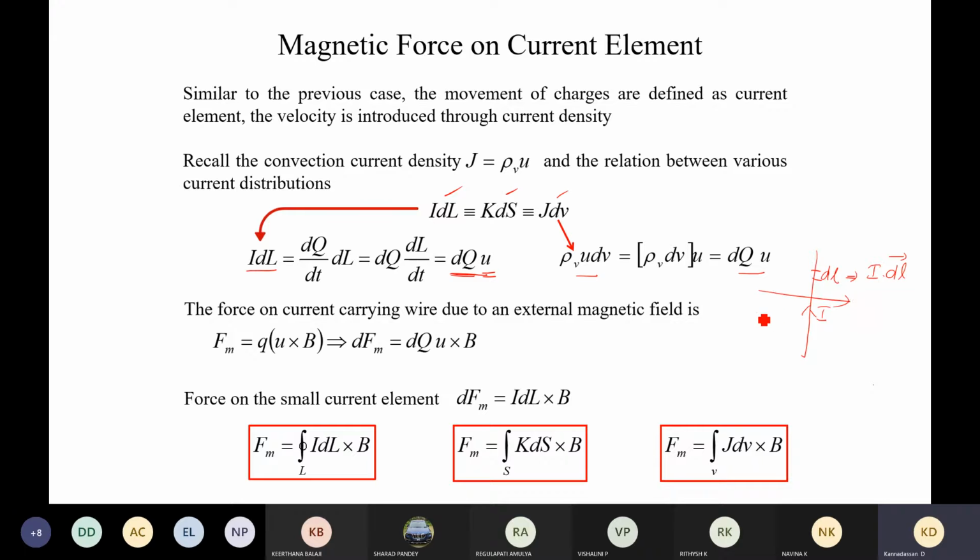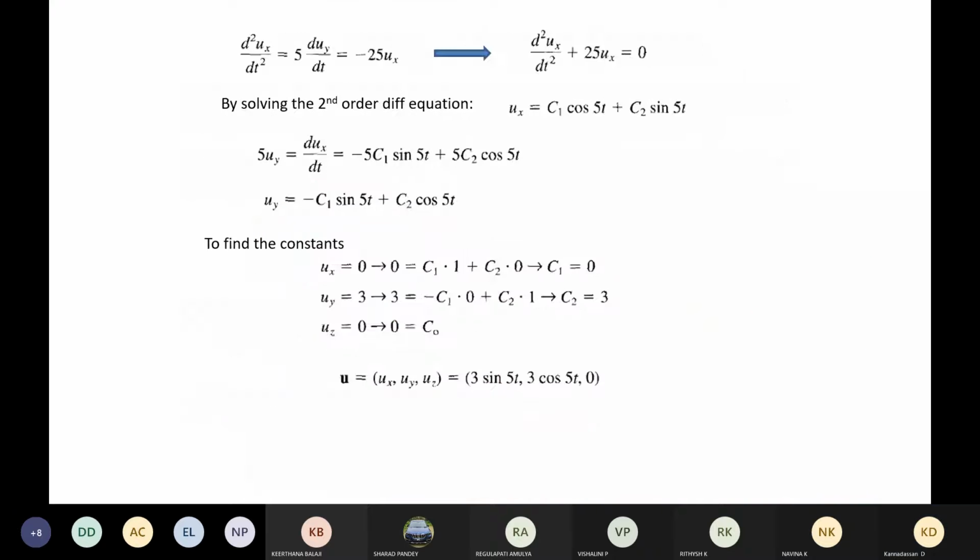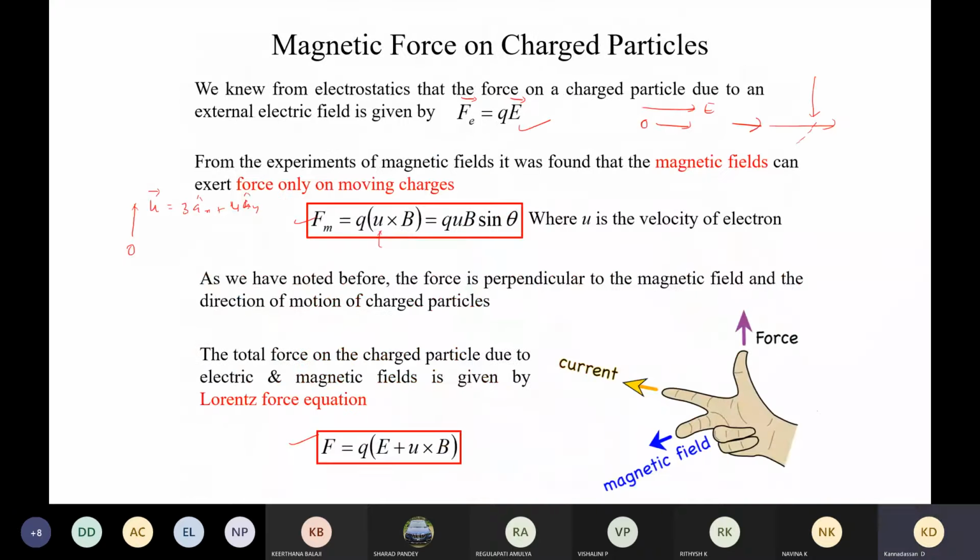And if the magnetic field is available in a particular direction, then if we take the cross product of that, we will get the force acting upon it. Using this simple right hand rule, you can easily get the force exerted upon the current element due to the magnetic field.